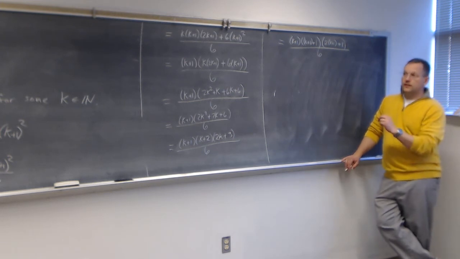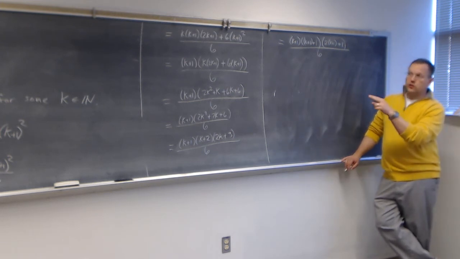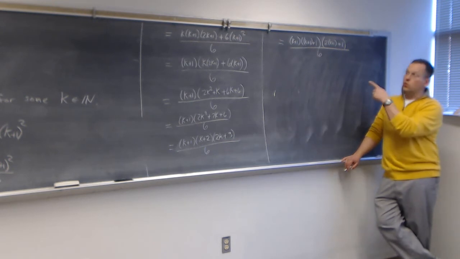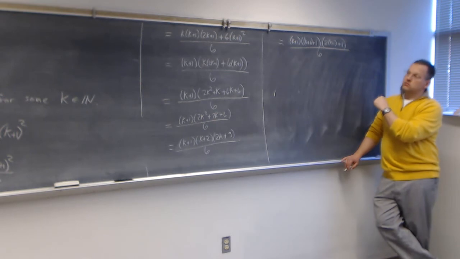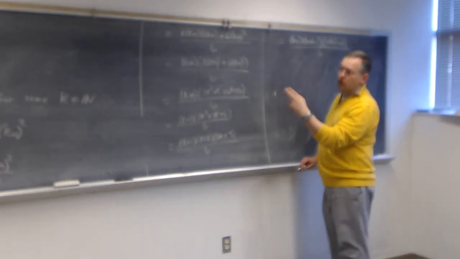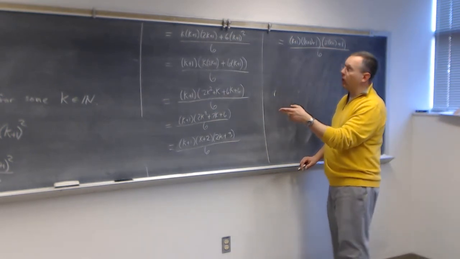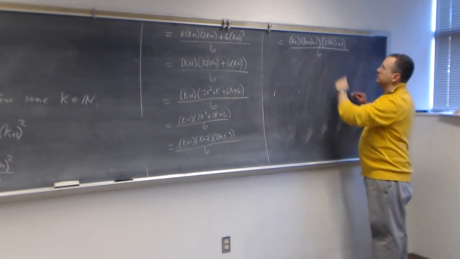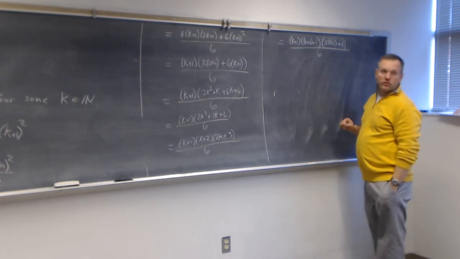So what I've shown is that, assuming it's true for n equals k, the statement is also true for the next integer, k plus 1. The sum of 1 squared plus 2 squared plus 3 squared all the way up to k plus 1 squared equals this. By induction, it's also true.